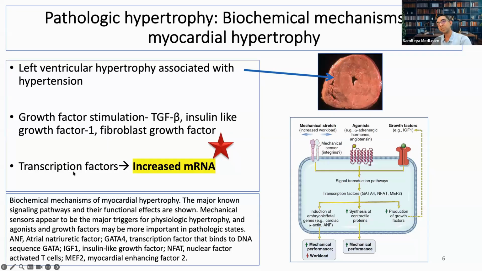Pathways means some genes have been activated and eventually more protein production is going to happen. More transcription factors are formed, and there would be increased mRNA in the cell. This is again more protein production in the cell.